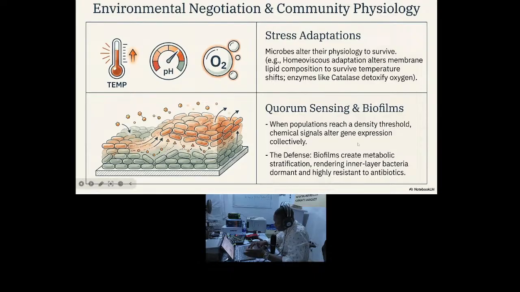When the population reaches a density threshold, chemical signals will alter gene expression collectively. In essence, this gives rise to what is called biofilm. Biofilm is a kind of defense where all the microorganisms in that medium come together to form a community that will be able to protect it.